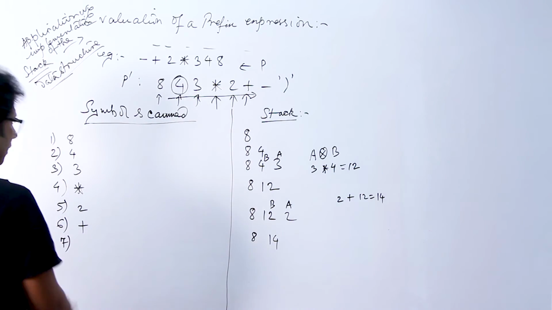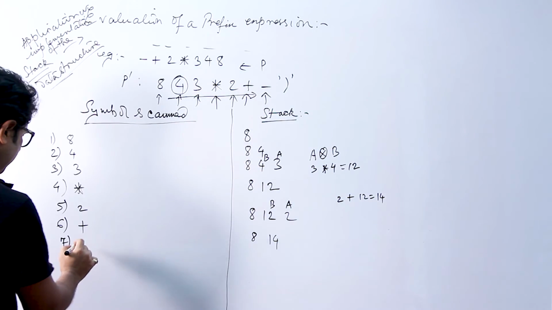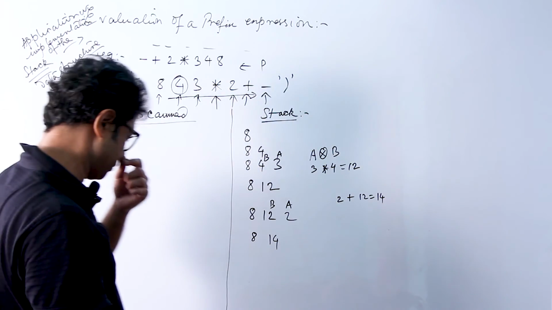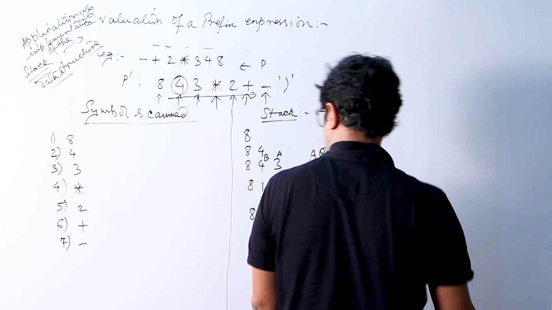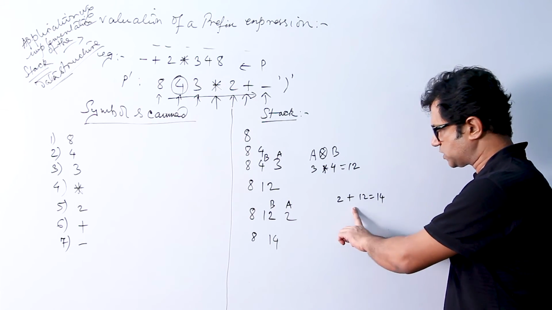After 6, in the number 7 step we see that we are encountering a negative sign, a subtraction symbol, and that symbol is definitely an operator. And since it is an operator, our work is similar to the previous step.